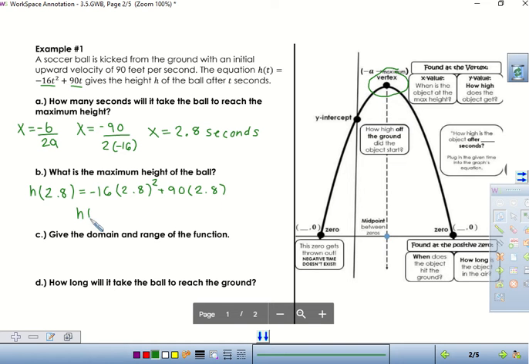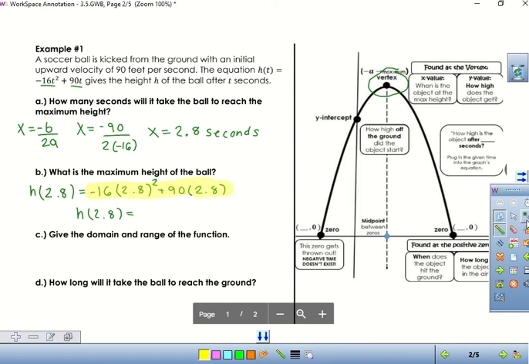Okay, that's going to give me h of 2.8 is equal to. Now, to save myself worrying about making a mistake, I type this whole entire thing into my calculator. So if you want to try it now, feel free to. But if you have questions about it, ask me at the end of class and I can help you personally with how to type this in.